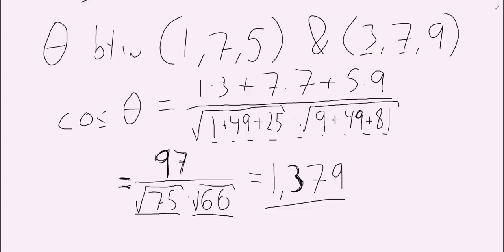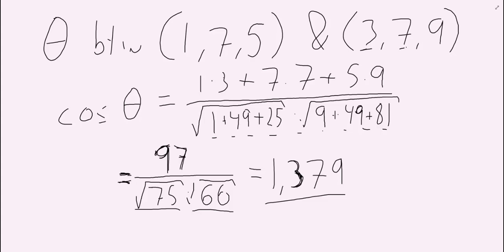So we have the square root of 1 plus 49 plus 25. 9 plus 49 plus 81. Yeah, that'll be it. So this square root here should be like so.